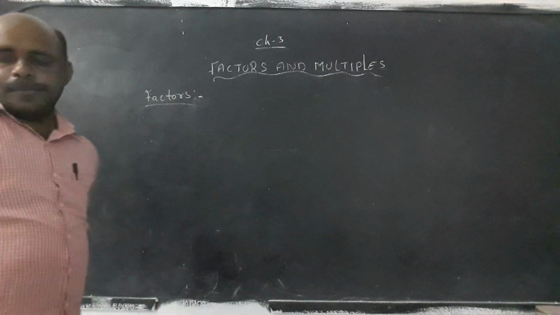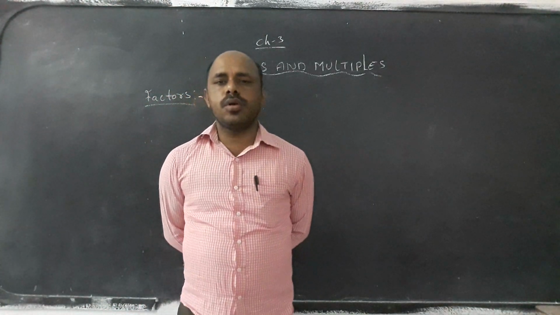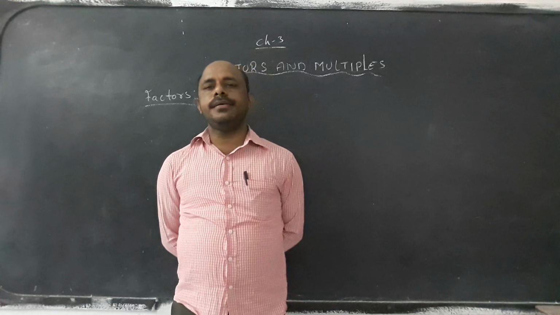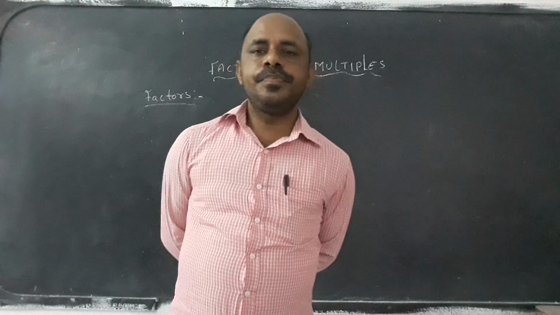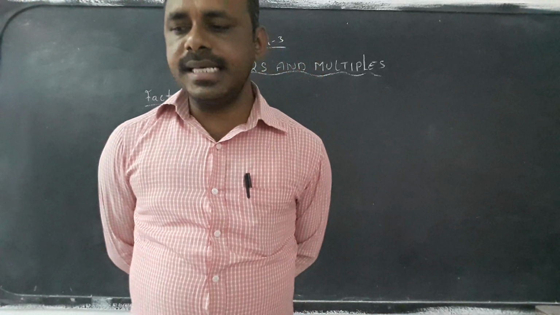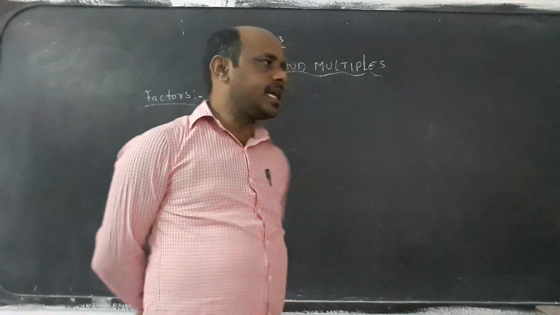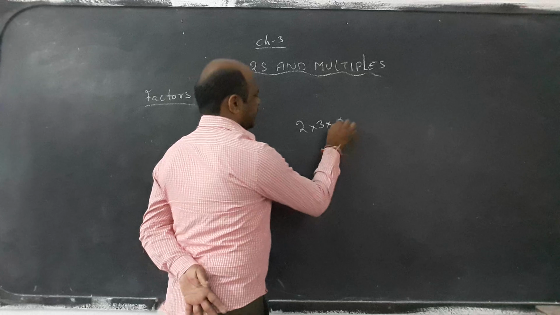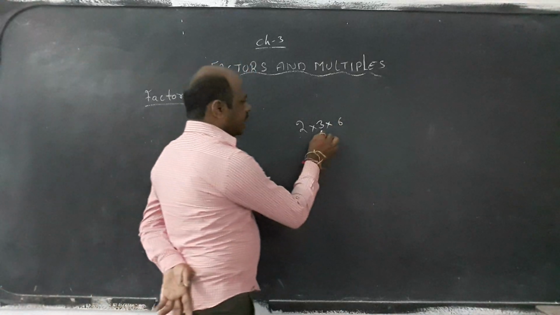See children, when we multiply two or more numbers, we will get one answer. That answer we say is the product of those numbers. For example, 2 into 3 into 6.